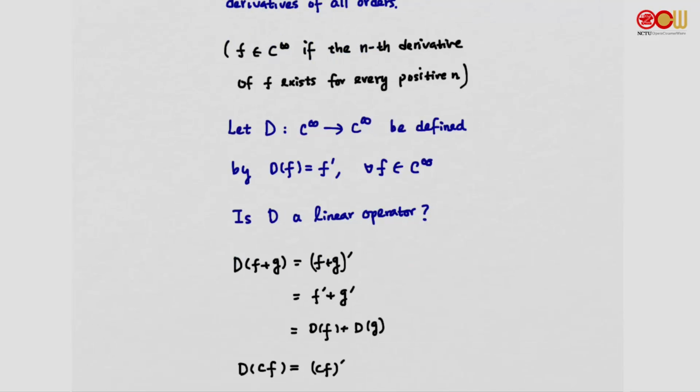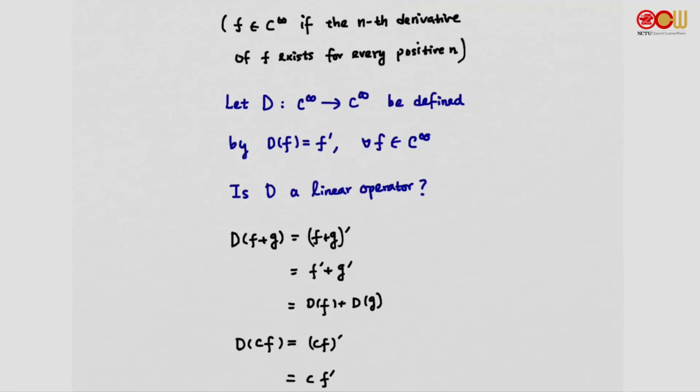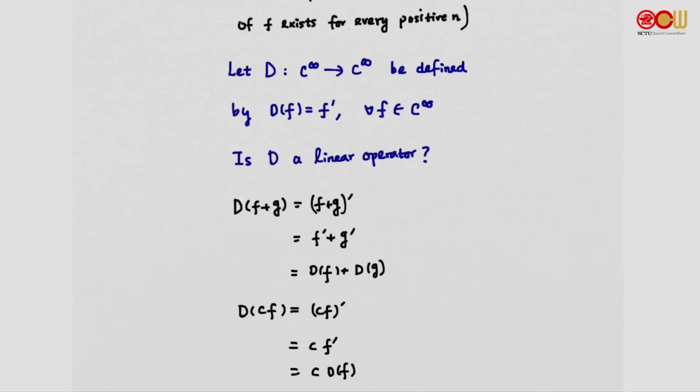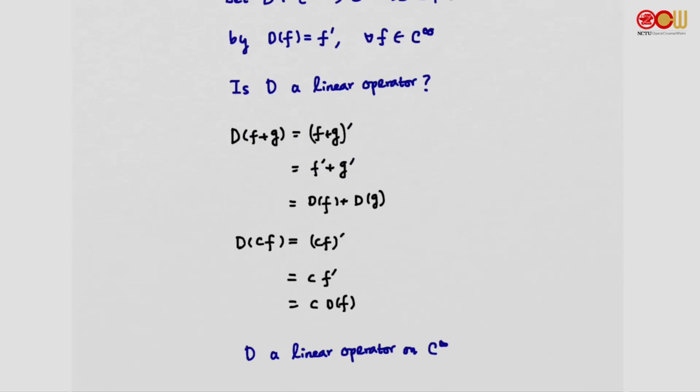Now, scalar multiplication, D(cf), that will be the derivative of cf, and that's the same as c D(f), so again, the second property is satisfied. So we can conclude D is a linear operator on C infinity.